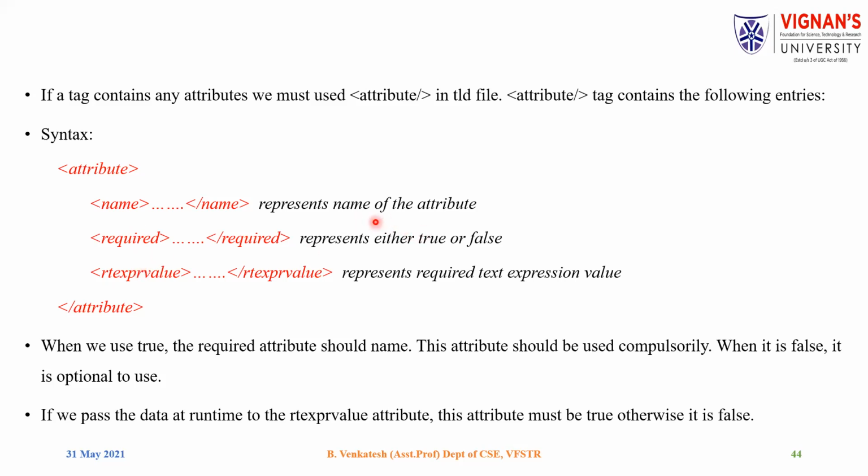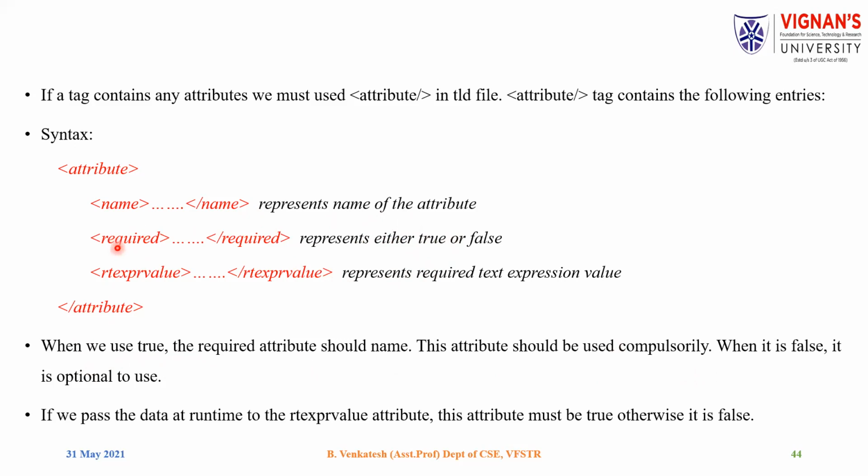It represents the name of that particular attribute and represents either true or false. It also represents either true or false. So when we use true, the required attribute should be used. The attribute should be used compulsorily. That means if we specify required is true, then it must be used.